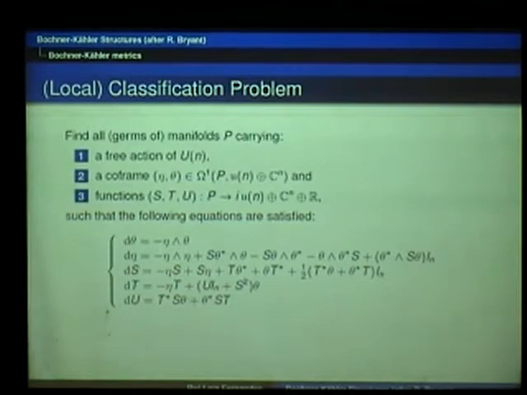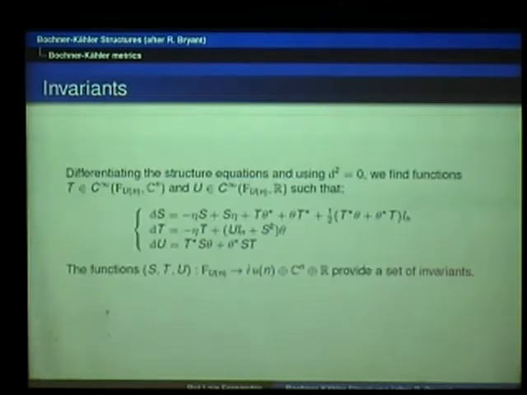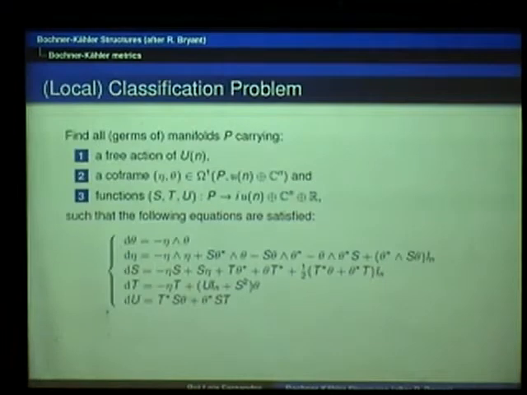So if I would like to find all possible Kähler metrics, what would I have to do? Well, I could start to look for a manifold P with a free action of Un, carrying some coframe, eta and eta, and some functions such that they would satisfy this system that we've just discussed. So that's what you have to do.